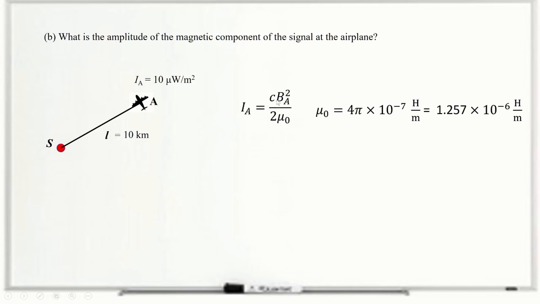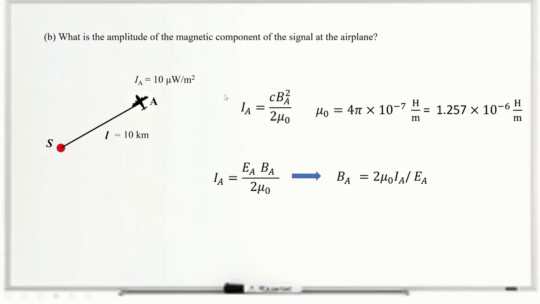But here I would like to show you another way, which is based on another equation for intensity as function of magnitudes of electrical and magnetic components. Electrical components we have found previously, and from here we immediately get the equation for B, not for B_A squared, as we would have if following the previous way.